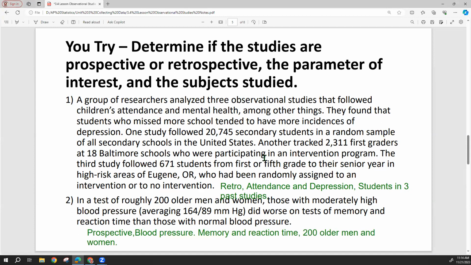So the first one is a little tricky because we are actually looking at past observational studies that have been done, but they are past observational studies. And so it's data that has already been collected. And so this is actually a retrospective observational study done on 3 old prospective observational studies. What they're looking at are the attendance of students and then their incidence of depression.